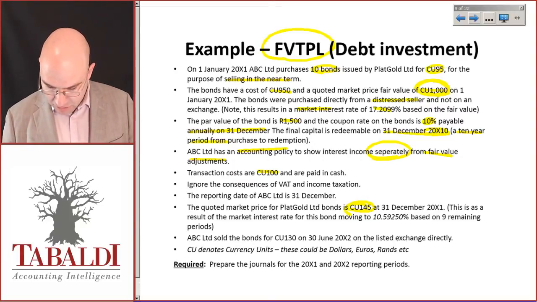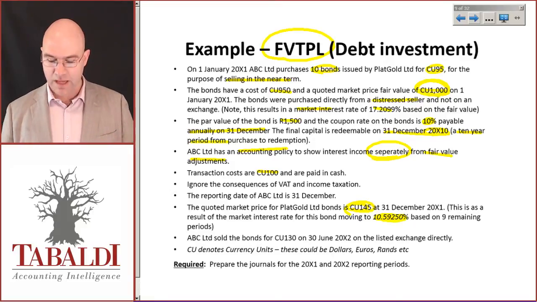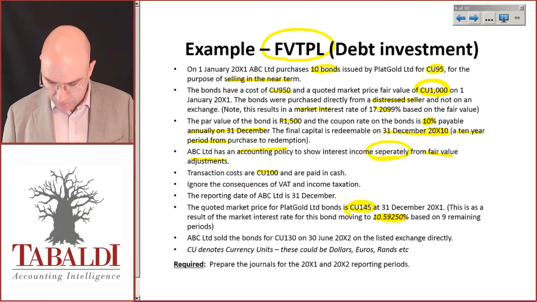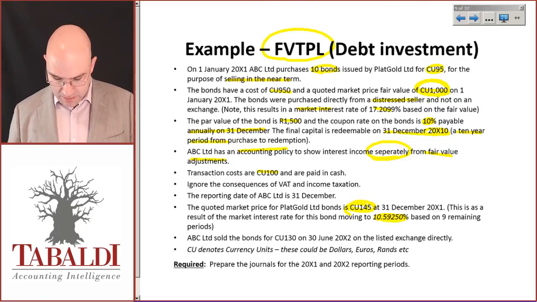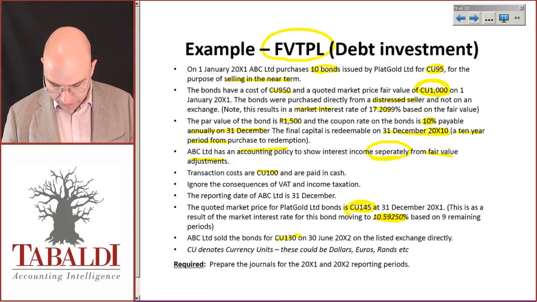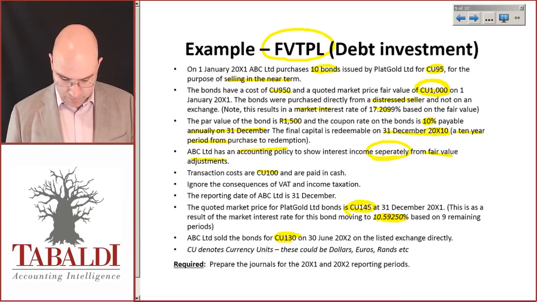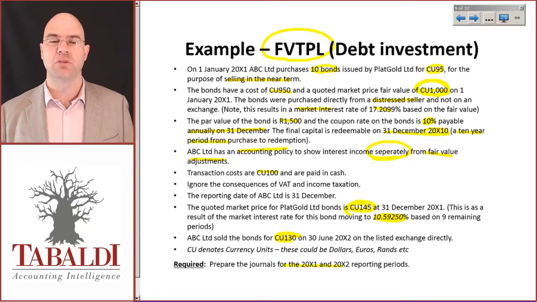Results in the market interest rate that is decreased to 10.59250%. Remember, market interest rates go down, fair values go up. And that's based on the remaining 9 periods. ABC sold the bonds for 130 on the listed exchange directly. Prepare the journals 20x1 and 20x2.